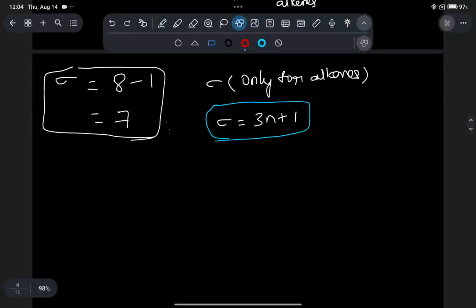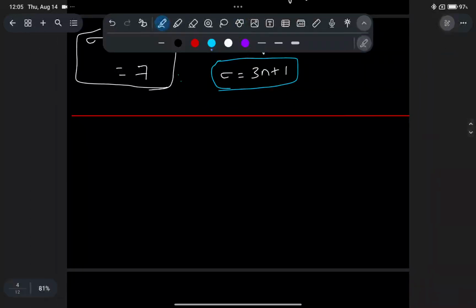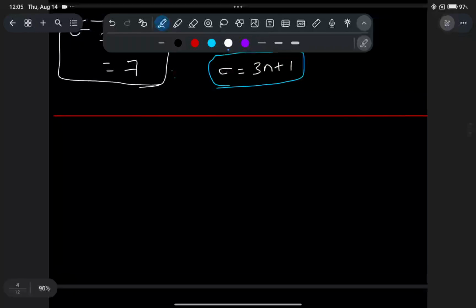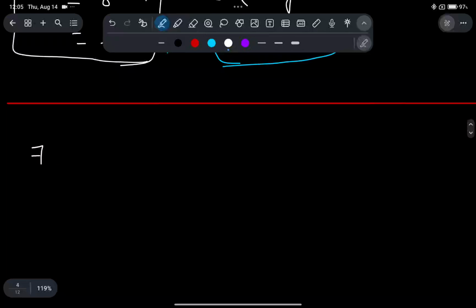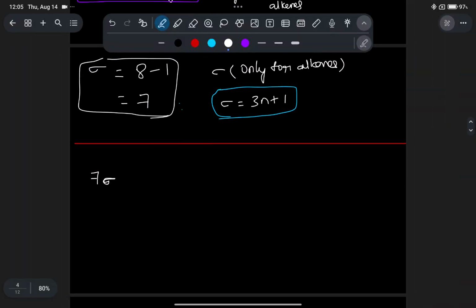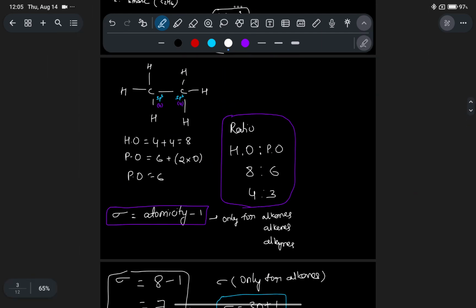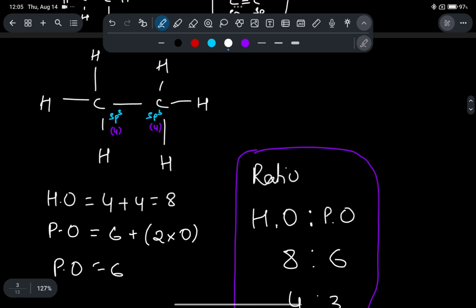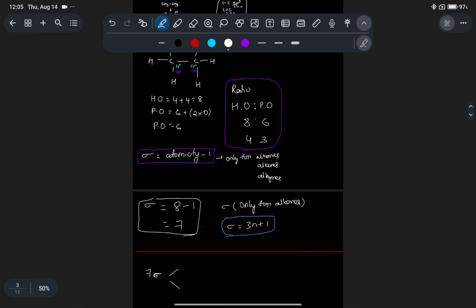Now let's continue with one more example. Before that, we got seven sigma bonds. But how many types of sigma bonds are present in that one? If you see here, carbon-carbon has only one sigma bond, but carbon-hydrogen has six sigma bonds.